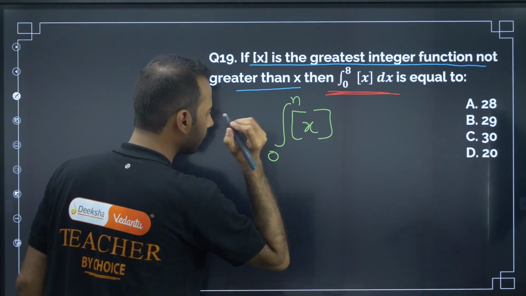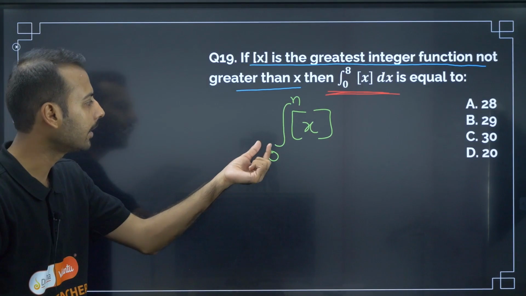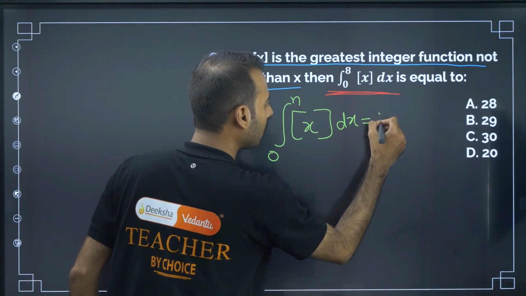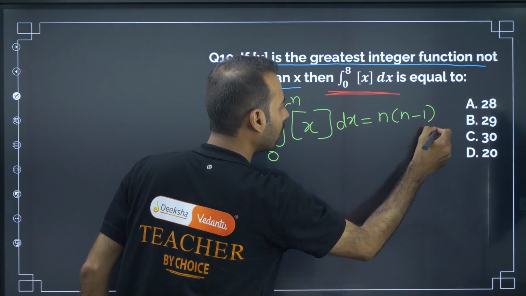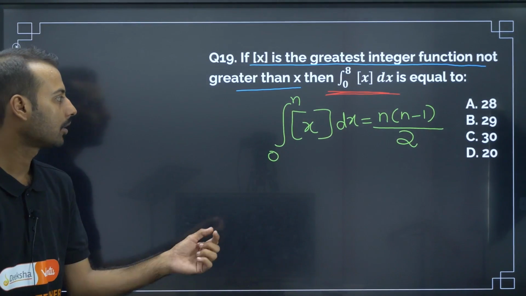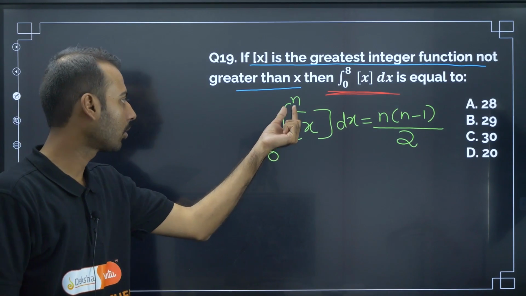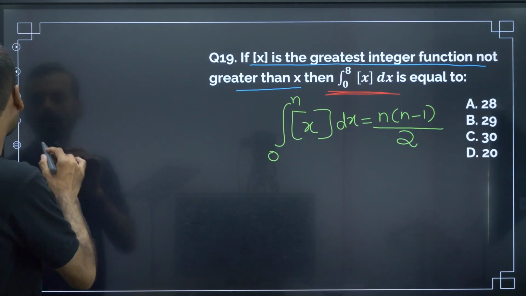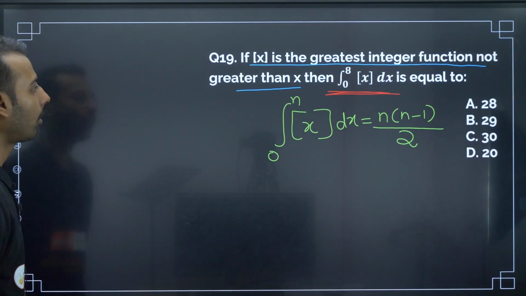The integral from 0 to n of G.I.F of x dx equals n minus 1 by 2. Once again I will repeat, the integral from 0 to n of G.I.F of x dx is equal to n minus 1 by 2.